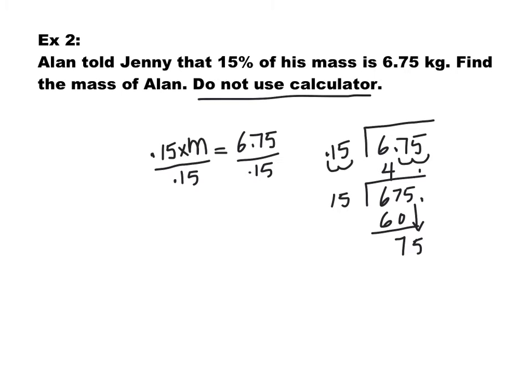I get 75. 75 divided by 15 gives me 5. 5 times 15 is 75, and the difference is 0. There is no more digit, so I can say that Alan's mass is 45 kilogram, and 15% of 45 is 6.75.